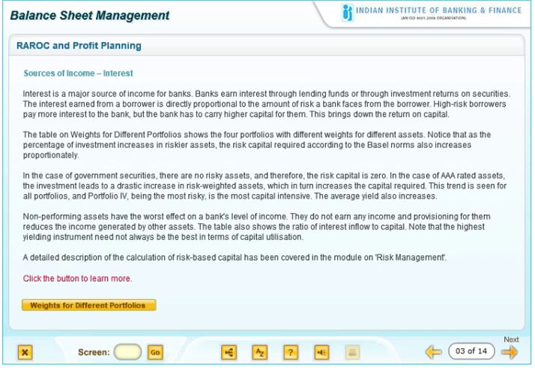In the case of AAA-rated assets, the investment leads to a drastic increase in risk-weighted assets, which in turn increases the capital required. This trend is seen for all portfolios, and Portfolio 4, being the most risky, is the most capital intensive. The average yield also increases.